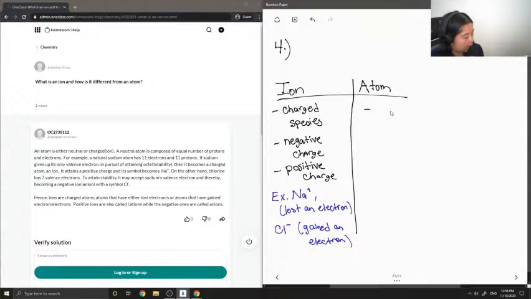Okay, so then as you can guess, an atom is just when you have your neutral element, so there's no charge, and it has an equal number of protons and electrons.